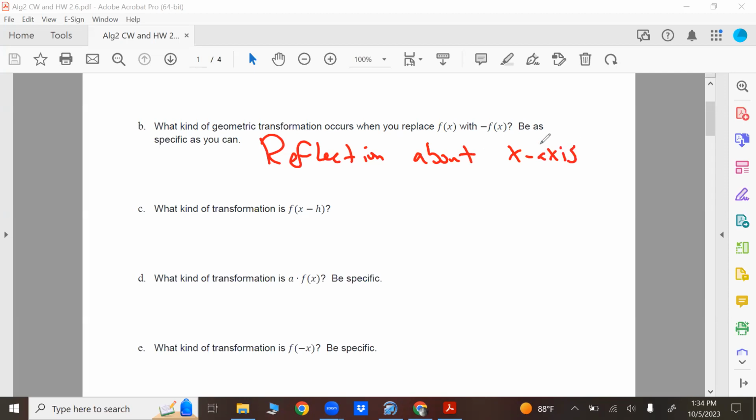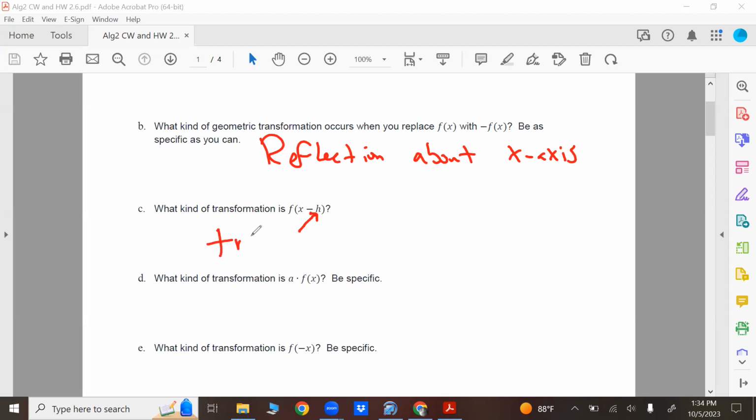We have negative out front. What about the minus h? What do you think that does? What does that do, guys? Or what direction could it go in? Not up, left or right, exactly. Depending on what h is.